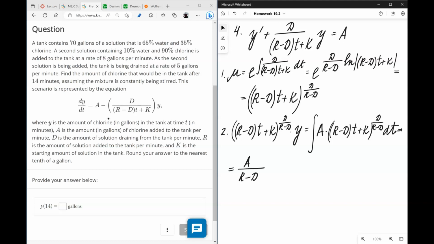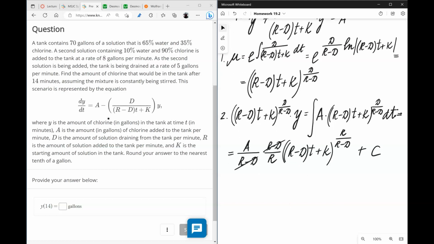This is just a linear substitution, so I'll do it like this: r minus d t plus k, we add 1 over here, so by adding 1 this d turns into r, and we divide by r divided by r minus d, so it's the same as multiplying by r minus d divided by r, and we have plus c, so r minus d is gone.